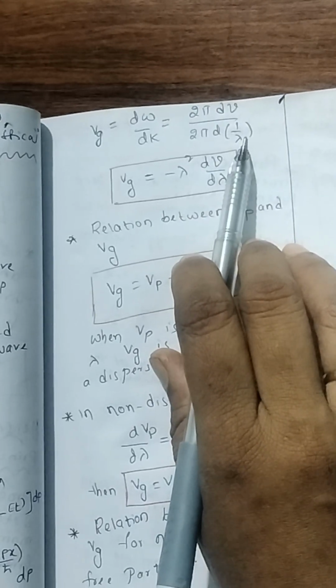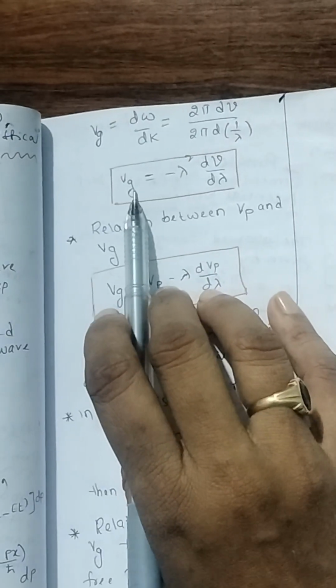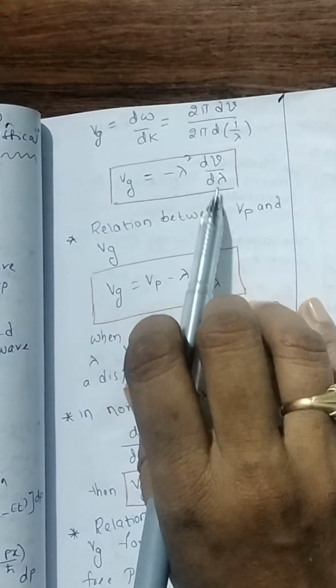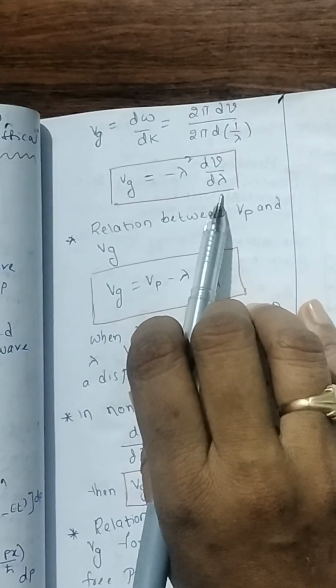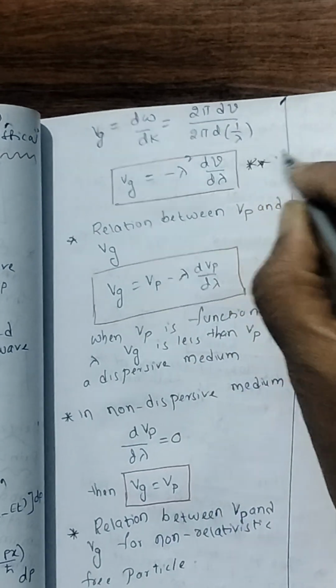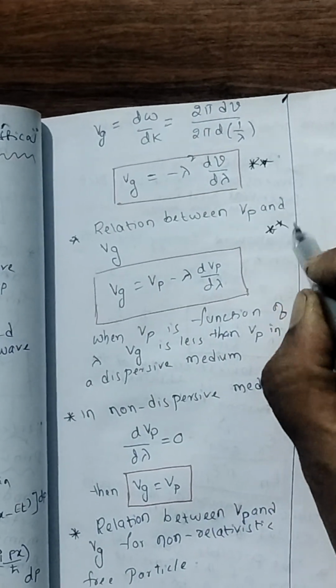Right? Now next, Vg becomes minus lambda square d nu by d lambda. Remember this formula.